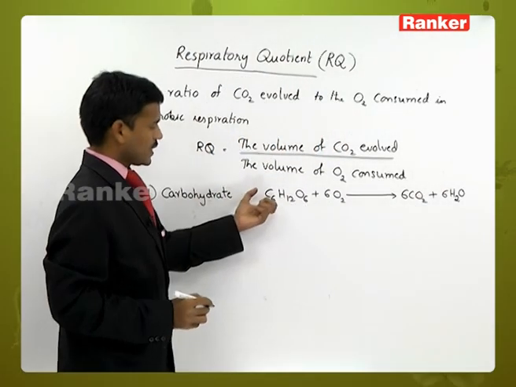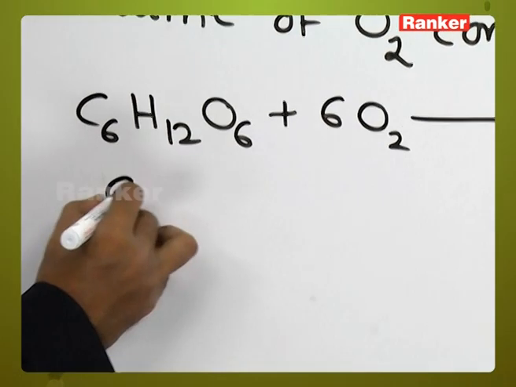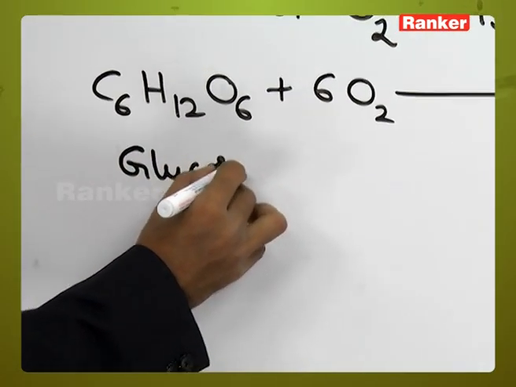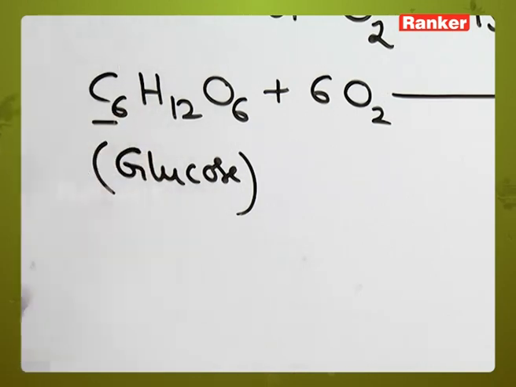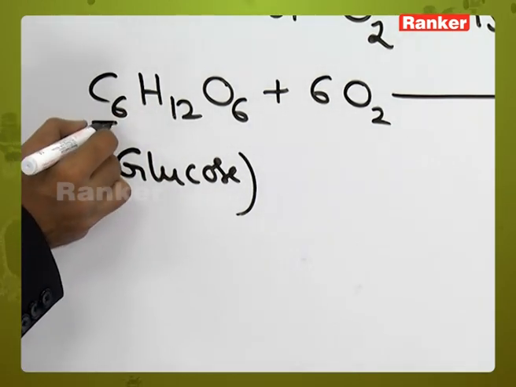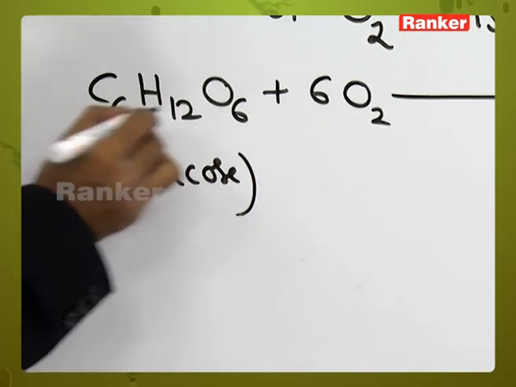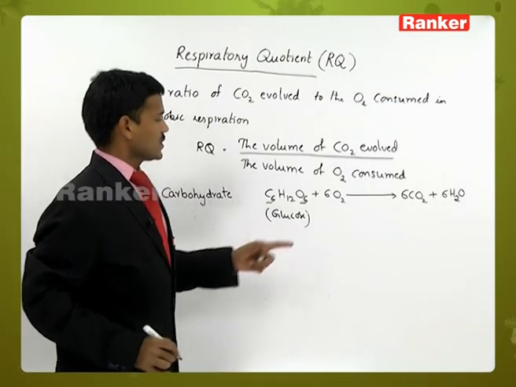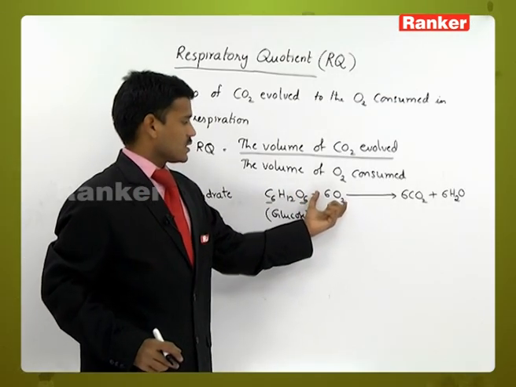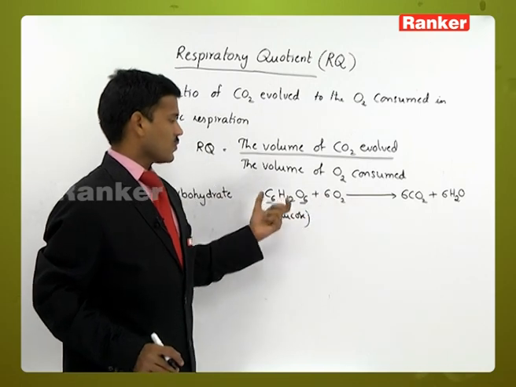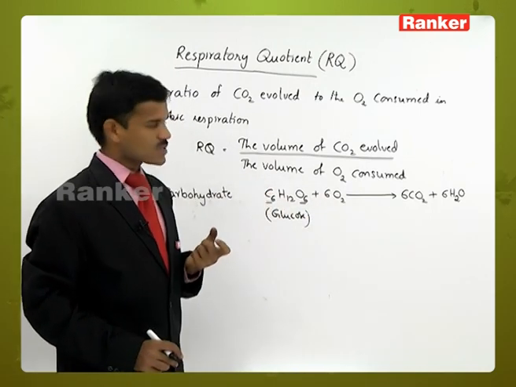If you observe glucose, the number of carbons and oxygens is the same, so only 6 oxygen molecules are enough to oxidize this glucose.